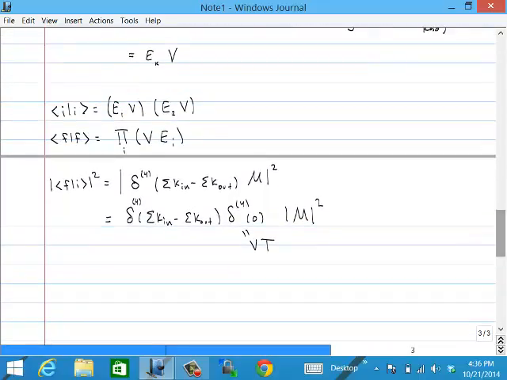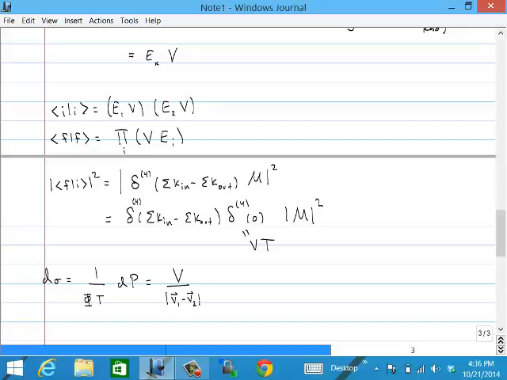Okay, so let's put this all together. So we have the scattering cross-section is 1 over this flux times time times dp. So what were the various quantities that appeared here? The flux, 1 over the flux was the difference in the velocities divided by the volume. So that's 1 over the flux.